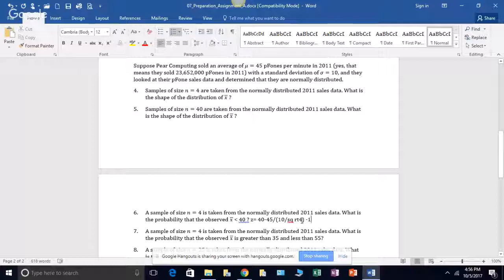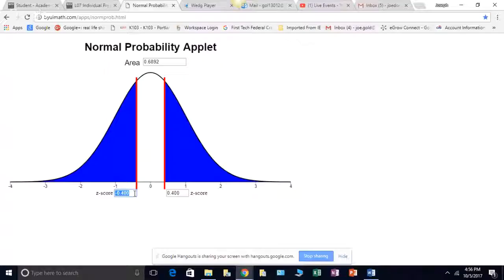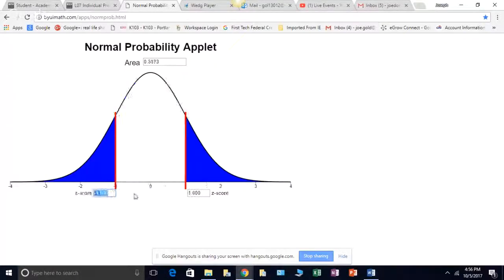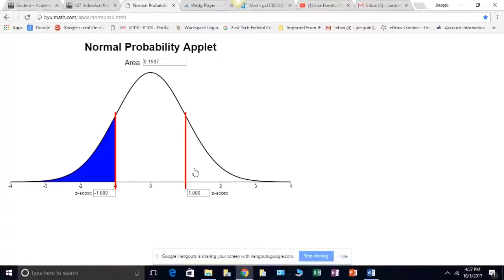So you now go to the applet again. You go -1. Sorry. Man, you make this look so easy. Well, I'm a good regurgitator. I watched the lesson, took the notes meticulously, and am able to regurgitate.